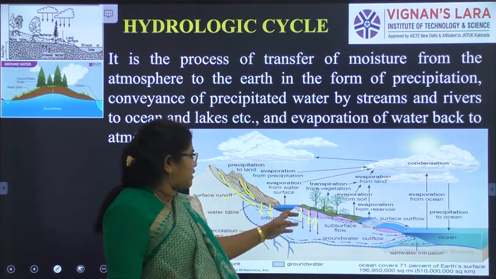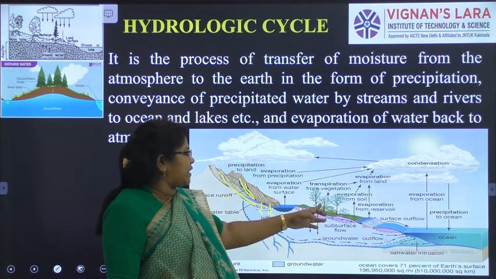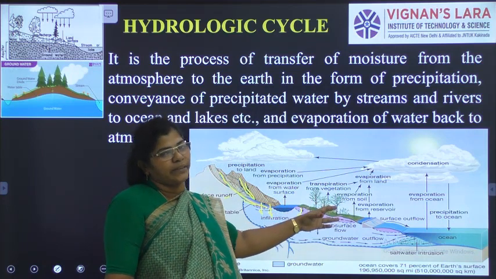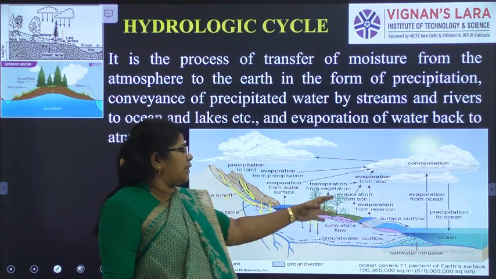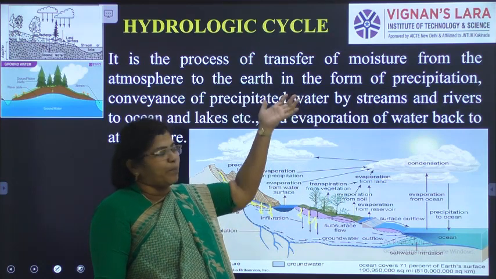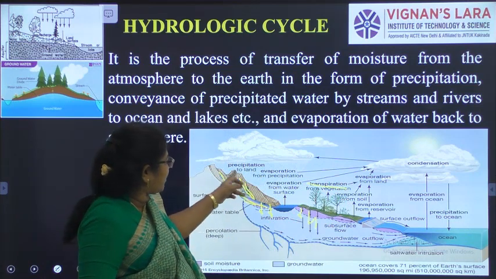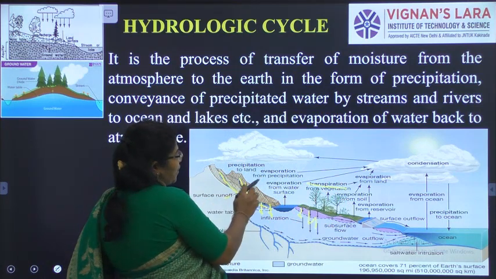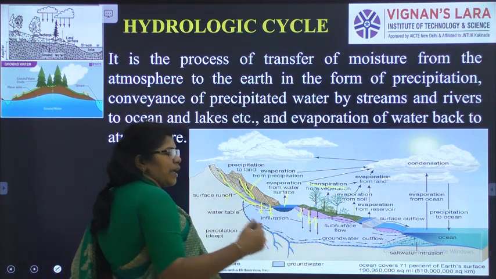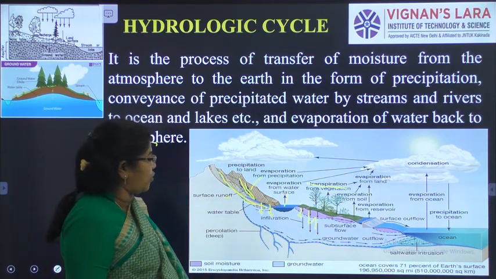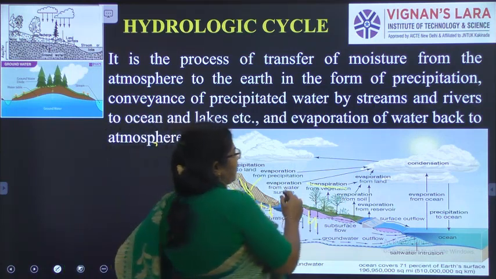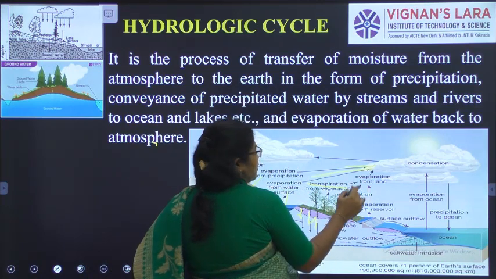Then some water will be absorbed by the trees, and the water that evaporates from these trees we call transpiration. Other evaporation from precipitation: some water will evaporate from the surface, either a lake, a stream or an ocean.